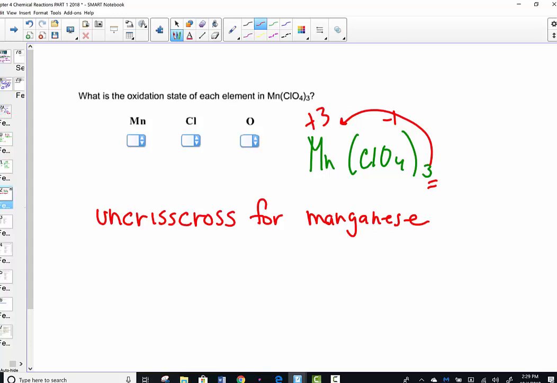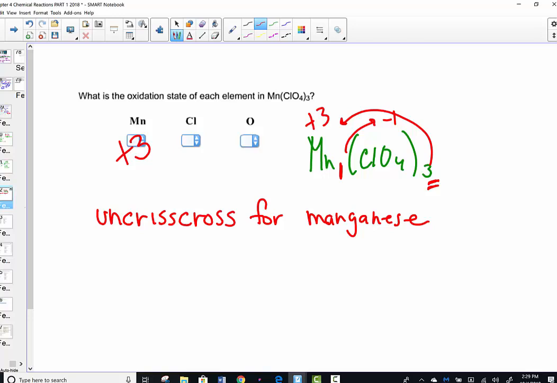So when you crisscrossed, that 3 told you the charge on manganese. This 1, that's not there but we know it's there, told us the charge on the perchlorate as -1. We crisscrossed to write those charges. So uncrisscrossing showed us that the manganese had to be a +3.